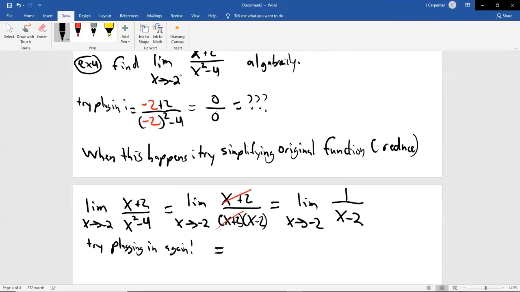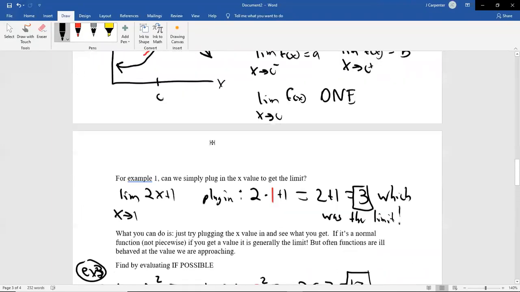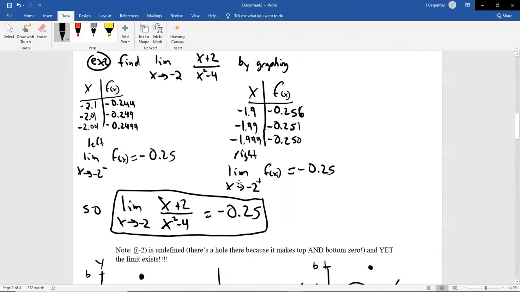And when you see something drastically change like this, now try plugging in again. So this would be equal to 1 over -2 minus 2, which is -1/4. And seeing this negative, I realized that I forgot to write my negative earlier. No, I didn't. I lied.